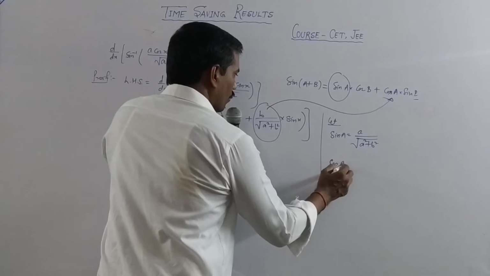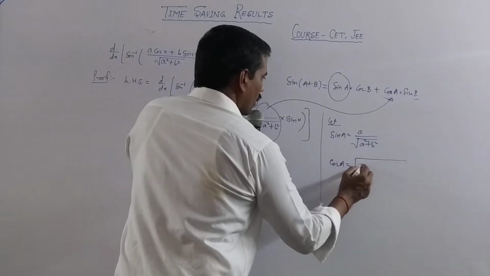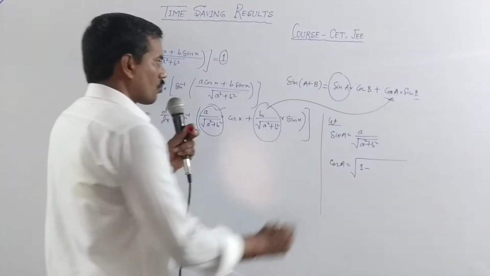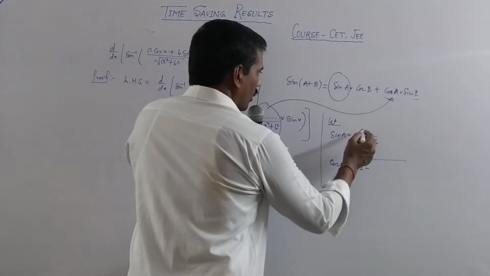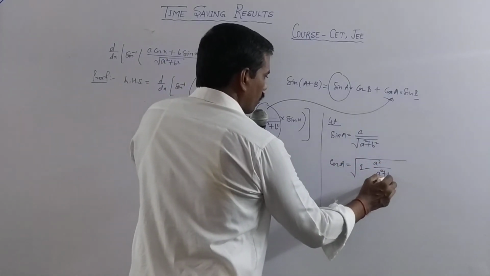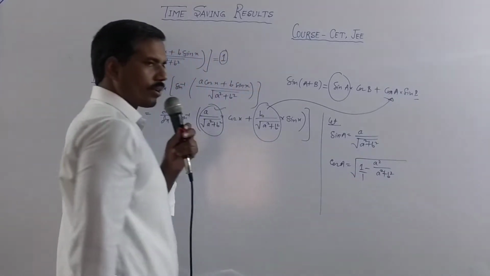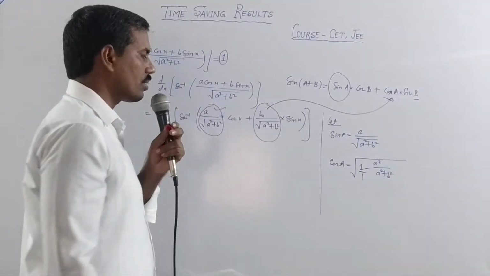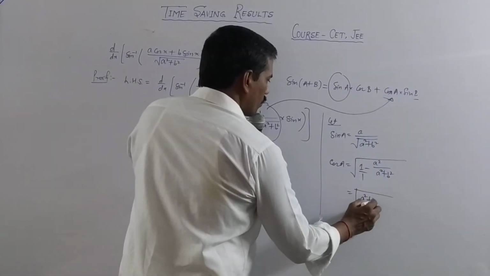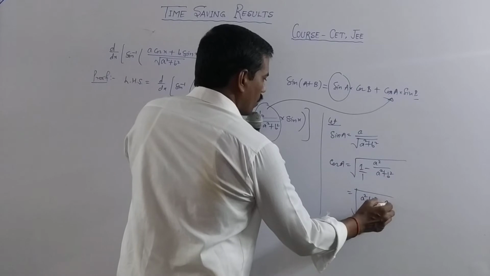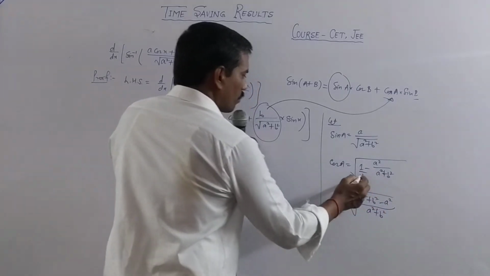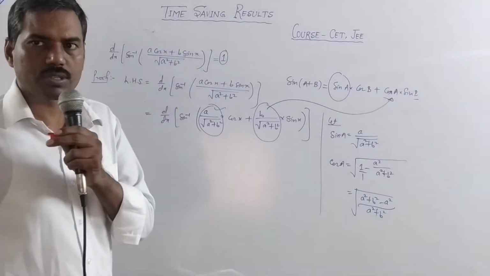Then cos a is equal to under root of 1 minus sine square, and squaring both numerator and denominator, we get a square upon a square plus b square. 1 means 1 upon 1. After cross multiplication, we get under root of (a square plus b square) minus a square upon a square plus b square.